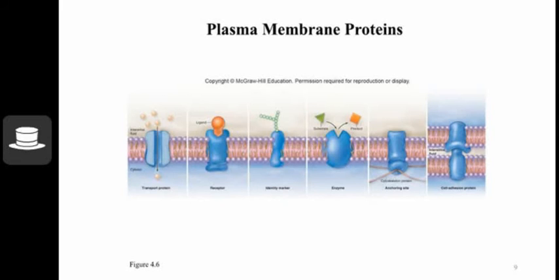So here's some of our different plasma proteins and what they're used for. We've got transport proteins. Here's a ligand receptor over here with a signaling molecule attached to it. Here's a glycoprotein used as an identity marker. And then proteins can also be used as enzymes, for example. So here's the molecule it's going to act on, called the substrate.